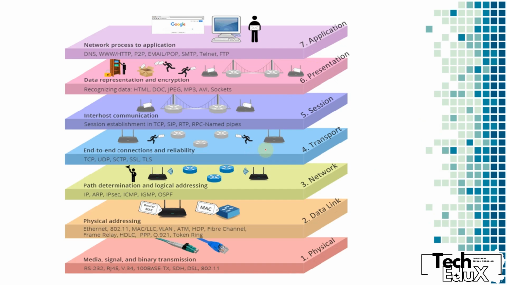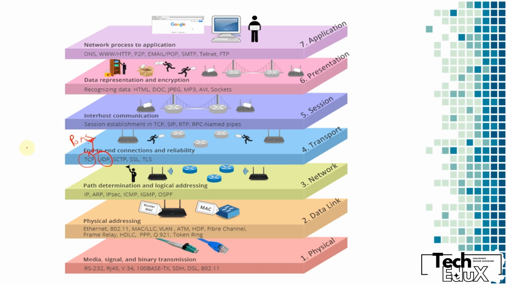Then we have the transport layer. As you can see, these two persons are moving forward to send this information from here to here and vice versa. It means we are going to transport end-to-end data from one source to another destination. The most common protocols used are TCP and UDP, along with ports.